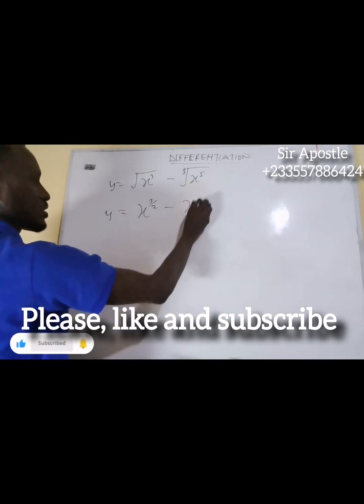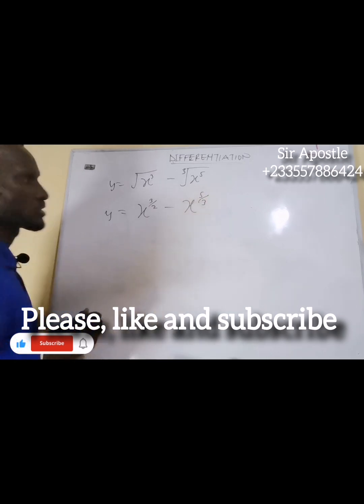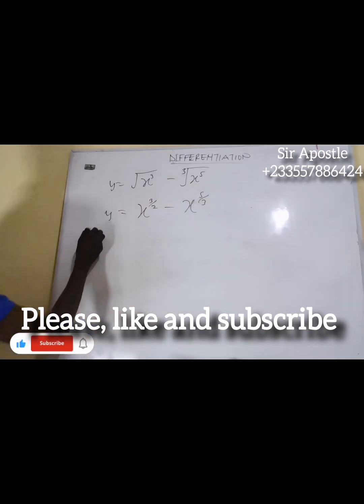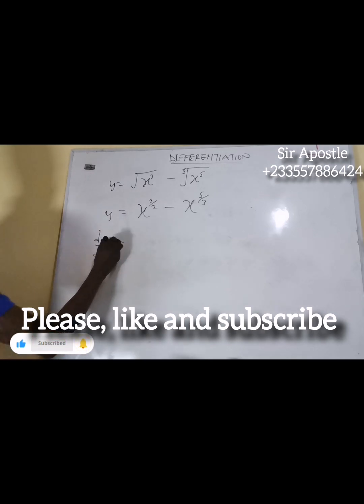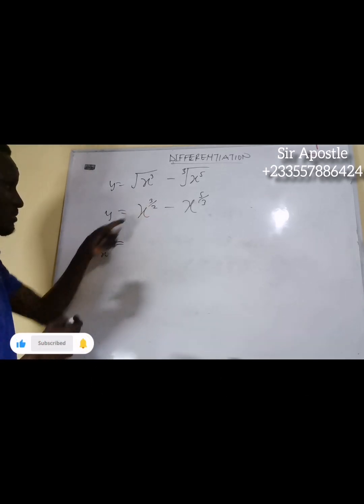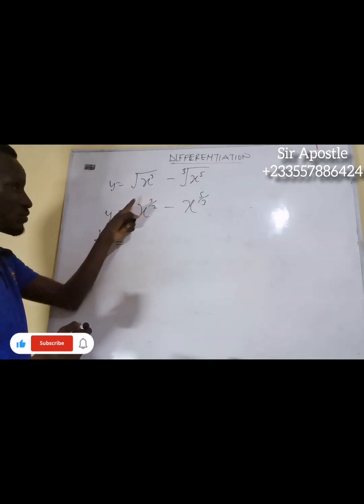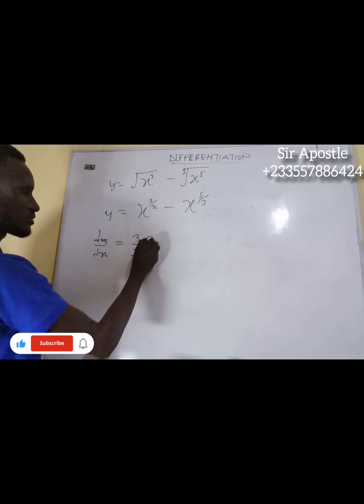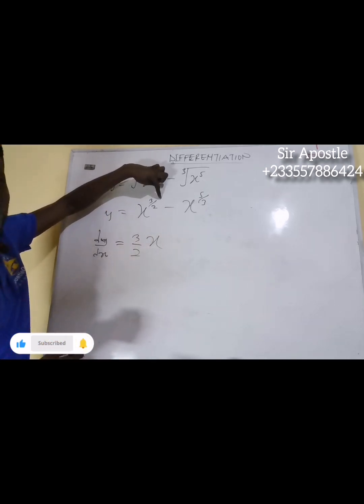Now this one is same as what? 5 out of 3, right? This is cubic. Now let's differentiate. Now divide the x. What are you going to get? Multiply the exponent by the coefficient. So 3 out of 2 by 1 will give us 3 out of 2.